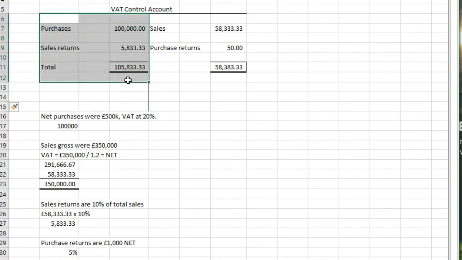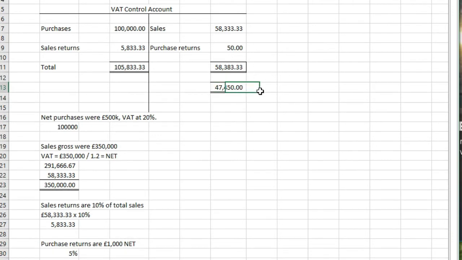So if this side on the left is higher than this side on the right, it means that HMRC owes us, because to clear this down, your journal entries would have to be debit bank for the receipt from HMRC and credit VAT control account. So our balance carried forward here is the 47,450.